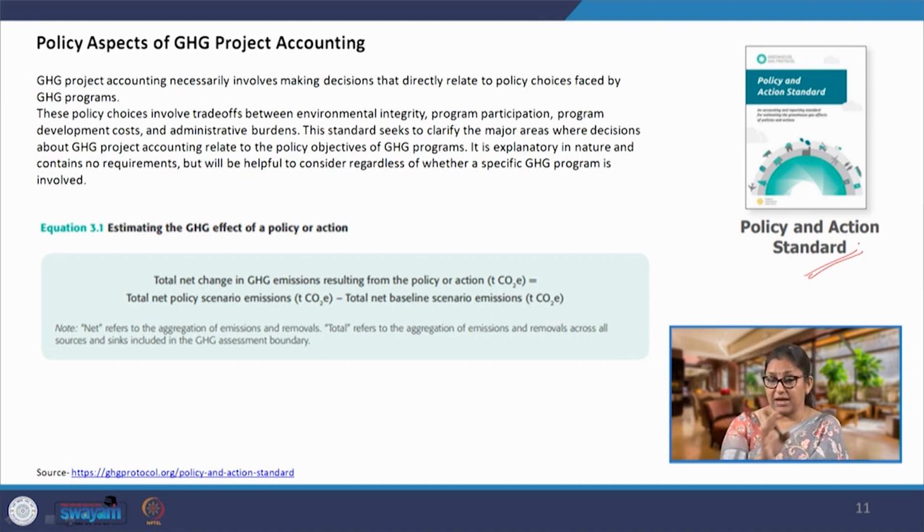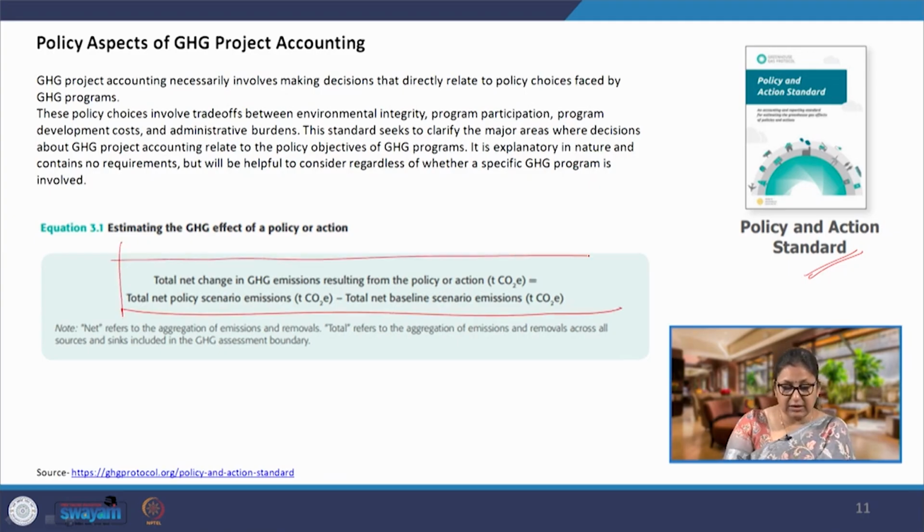Now, if we are talking about the policy aspects in this particular standard, which is about policy and action, it is accounting and reporting for the impact of policy decisions directly on the GHG emissions that are taking place. As I had given you the example, there are several examples that you can think of, and all we are doing is this: we are looking at the total net change in GHG emissions resulting from the policy or action specifically.